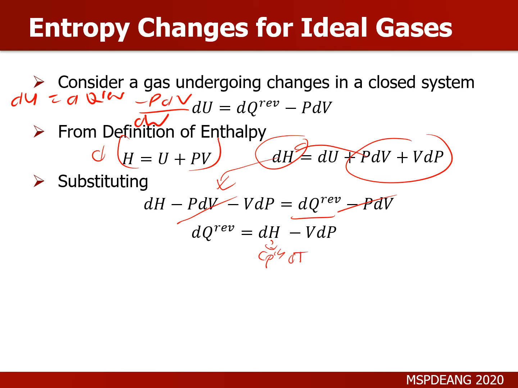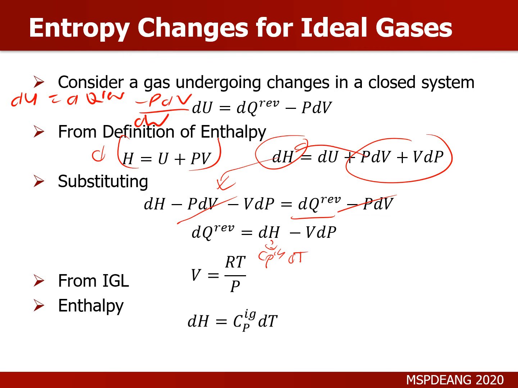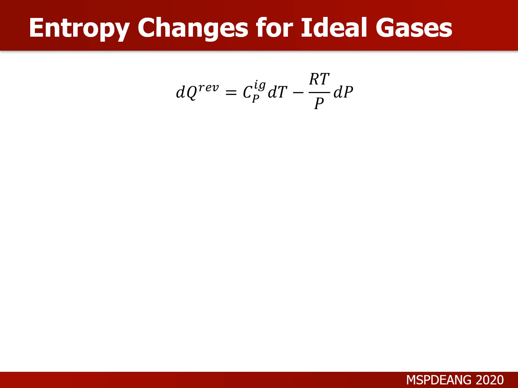Now we have an expression for temperature, volume, and pressure. Let us use the ideal gas law para ma-reduce lang into two variables. From the ideal gas law, V is equal to RT over P. And again, dH is equal to Cp^ig dT. So substitute itong RT over P dito. You will get dQ rev is equal to Cp^ig dT minus RT over P dP.